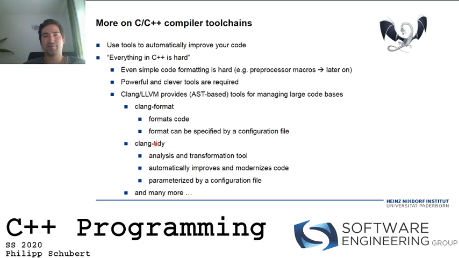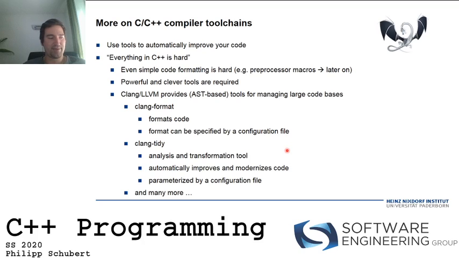Also, another very important program is Clang Tidy, which is also a powerful AST-based tool which performs some automated analyses and transformations on your source code. And it can not only improve your source code, but it can also modernize it.